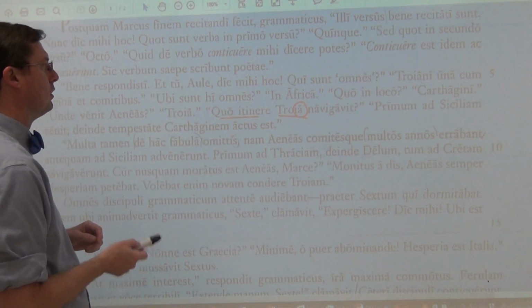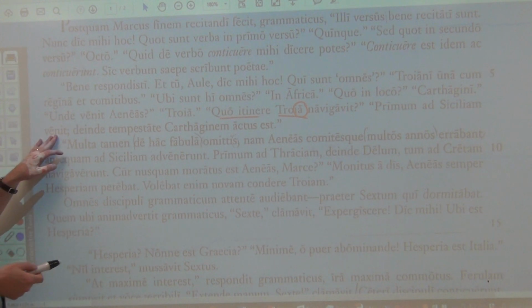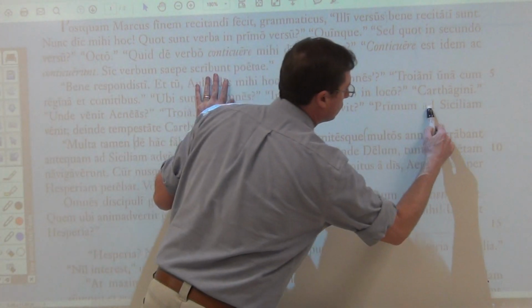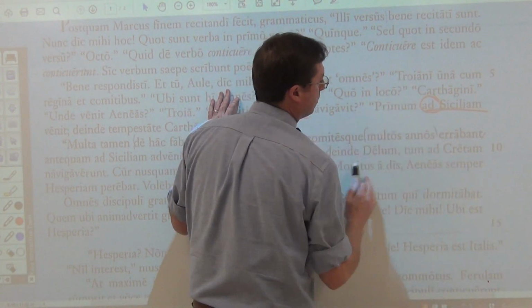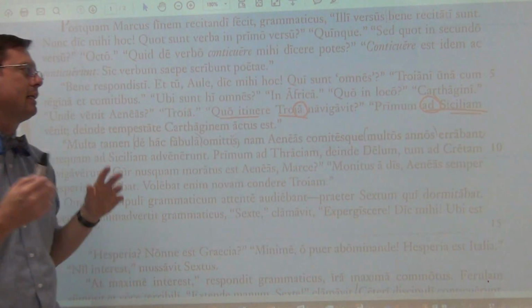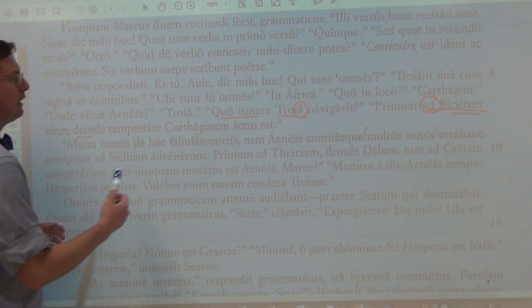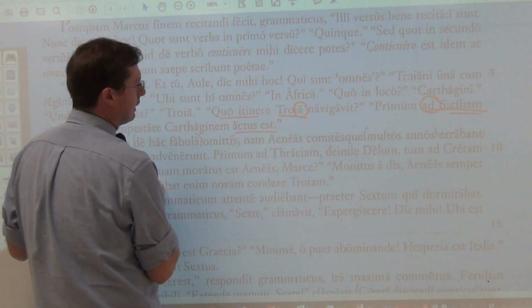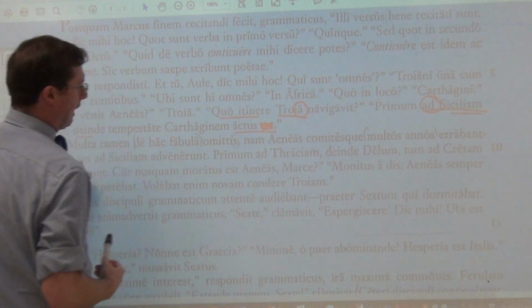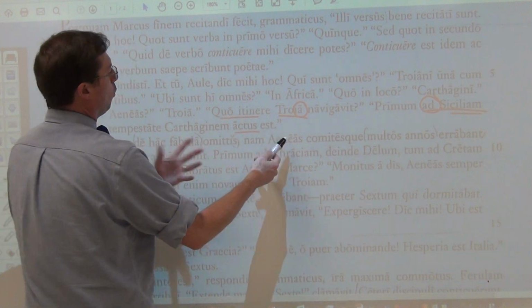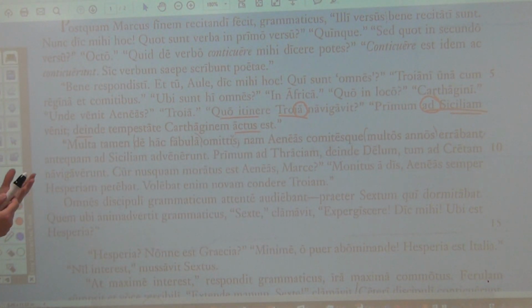And the answer of the student, primum ad Siciliam venit. First, he came, did come, has come to Sicily. Why does Sicily have a preposition? It's a big island, not a city, town, or small island. Deinde, then, actus est. Now, actus by itself would be having been driven, but once you add a form of the verb to be with it, it was driven, has been driven, and the subject is he.